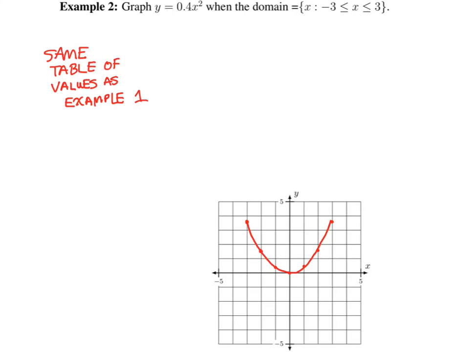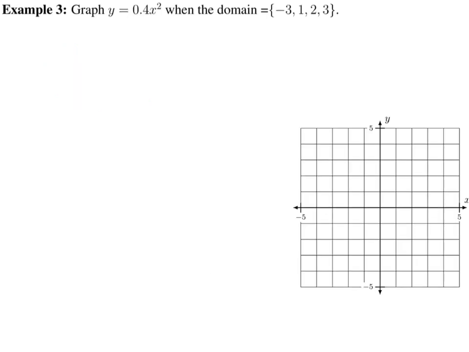Starting where it starts on the left and ending where it ends on the right, that's the actual graph for this example. It's slightly different from example 1 only because the domain is limited. You might need to go back and forth and look at them to make sure you see what's different.